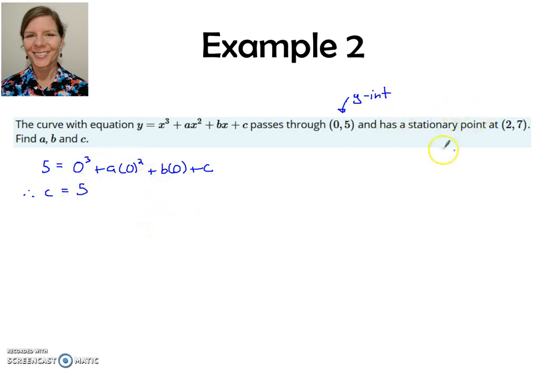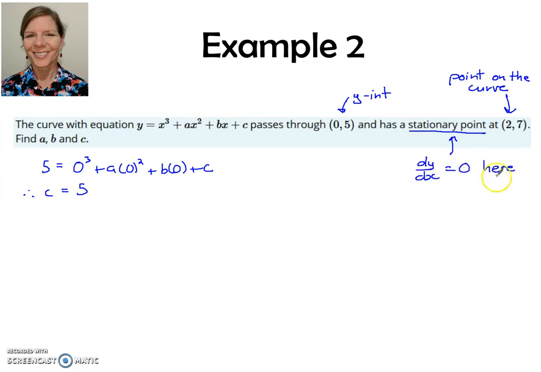Now there are actually two bits of information here. The first one is that the function must go through (2, 7), so this is a point on the curve. But it also tells us that it's a stationary point, so that means the gradient at that point is 0.